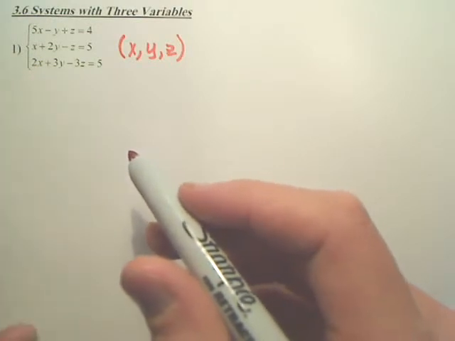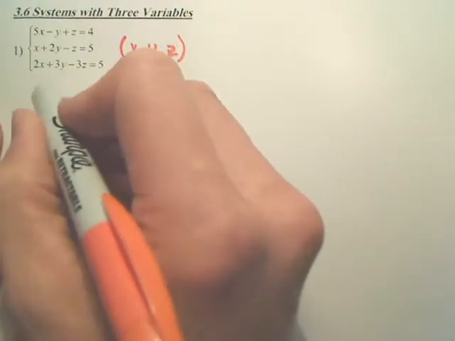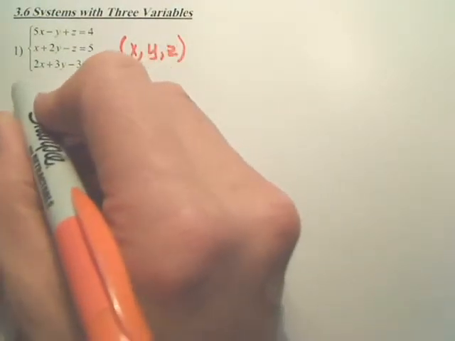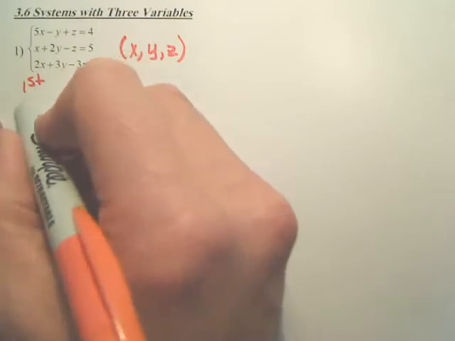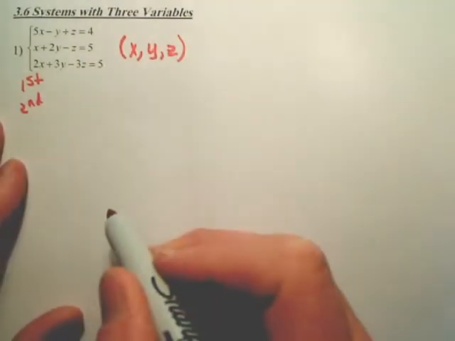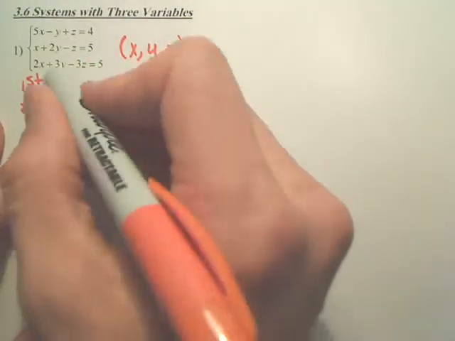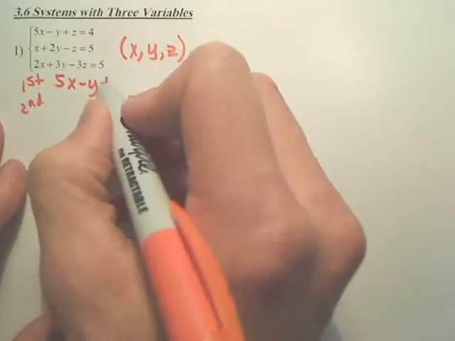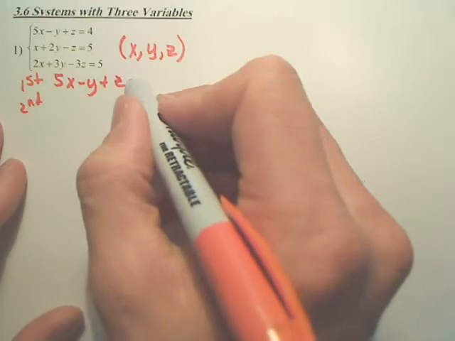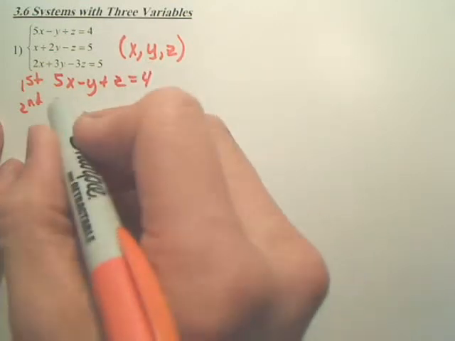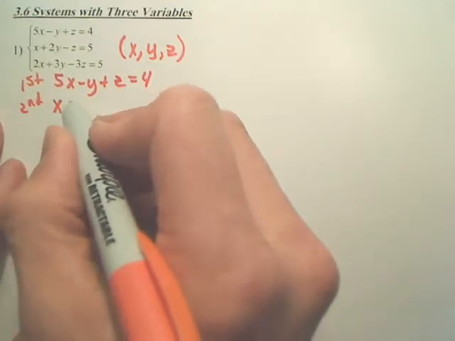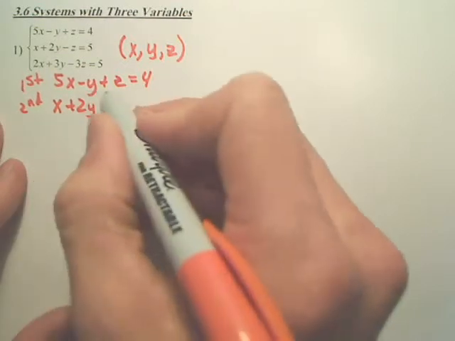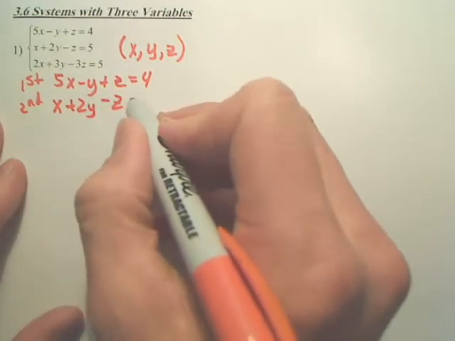I'm going to take the first and second equation and try to cancel z. With practice, you'll learn to figure out which equations and which letters are best. There are a lot of choices you have to make on these problems, but they get easier the more you do them.